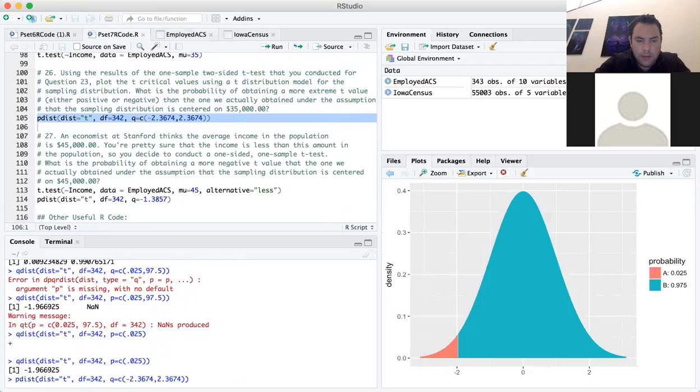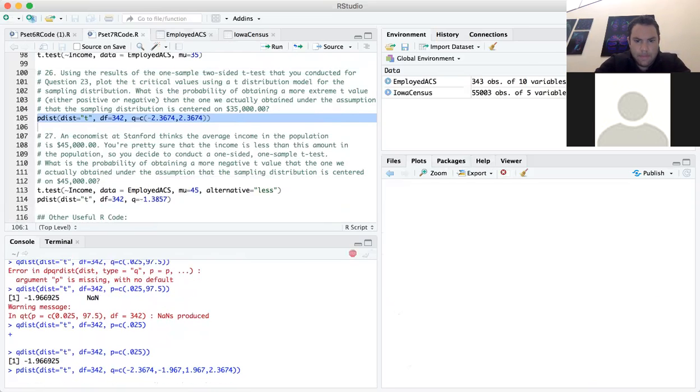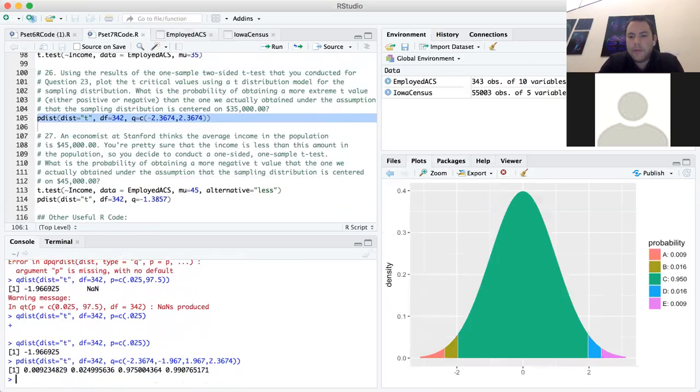So what we can do now is look at this distribution. What we're looking at here in green is representative of the 95% confidence level for this given t-distribution with degrees of freedom of 342.